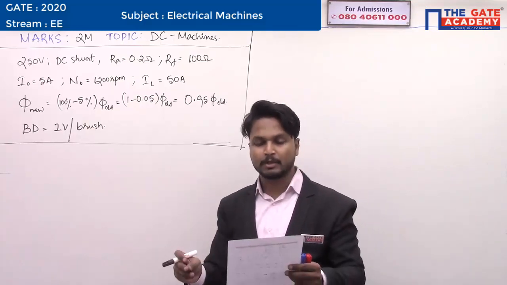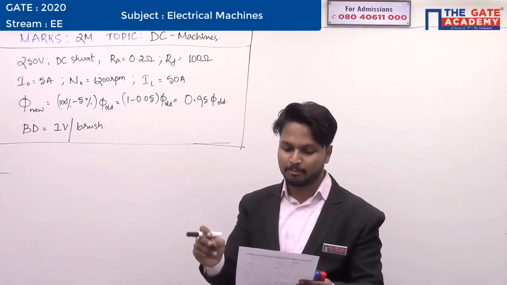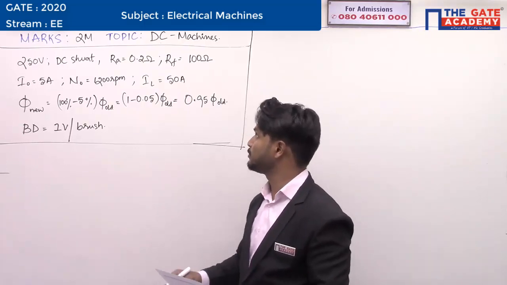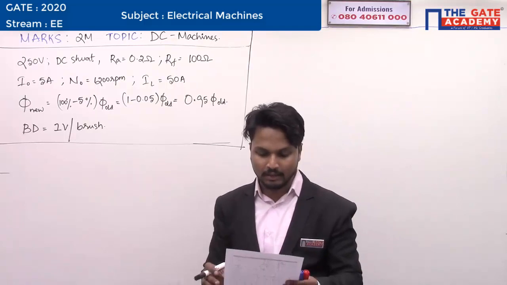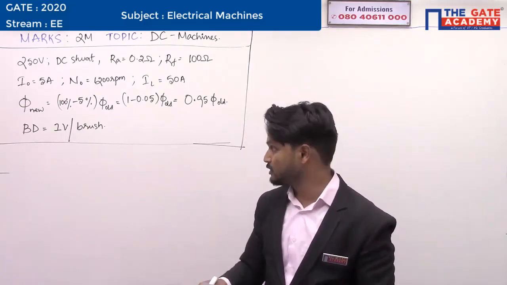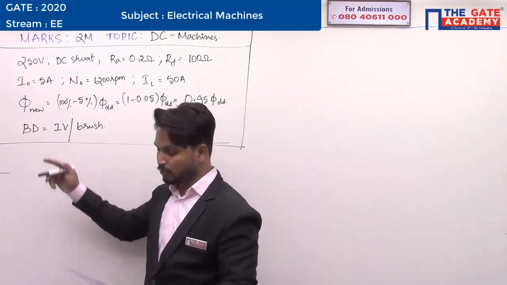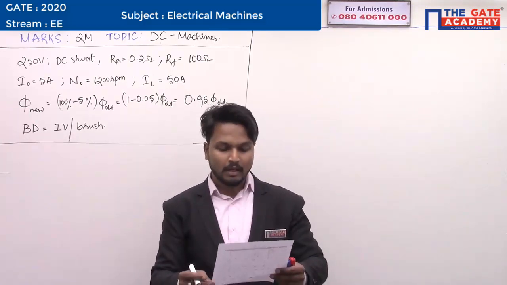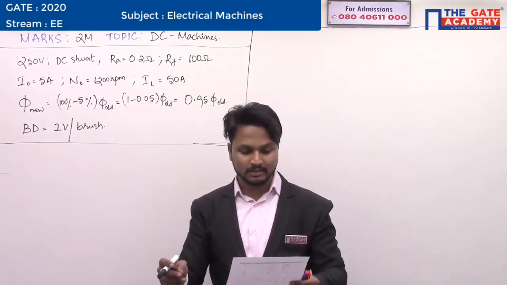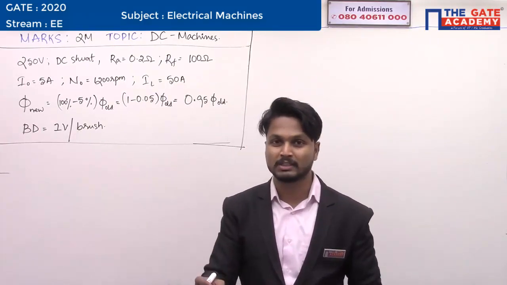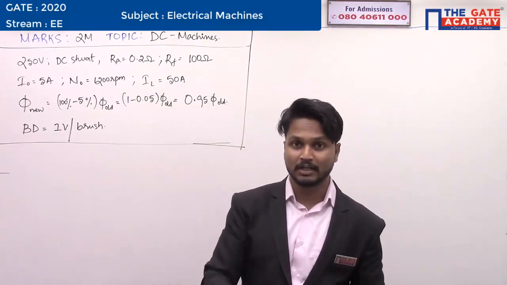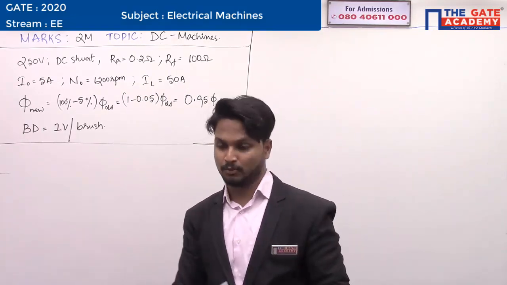If the flux per pole is decreased by 5% because of armature reaction, the brush drop is assumed to be 1 volt per brush at all operating conditions. The speed of the motor under this load condition is closest to, right?